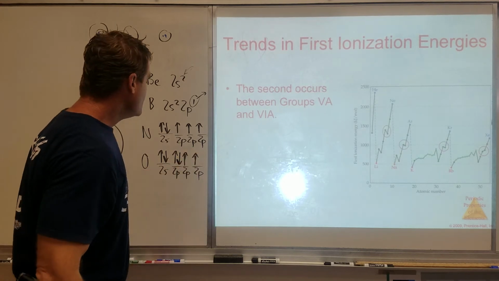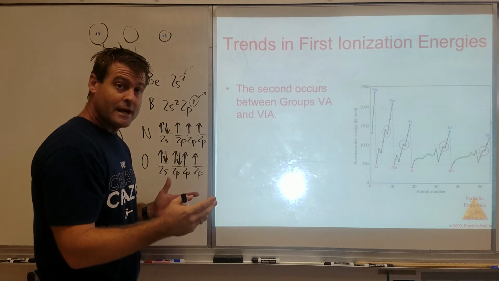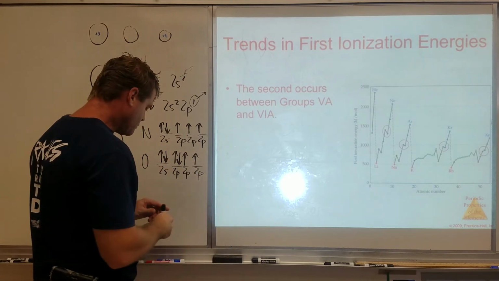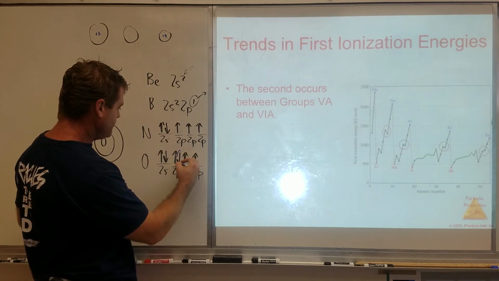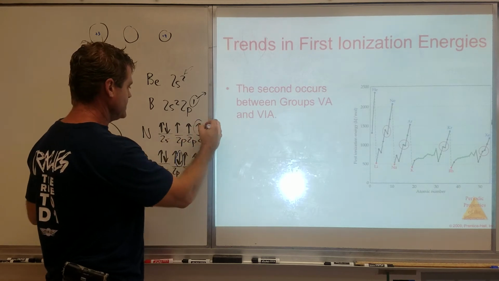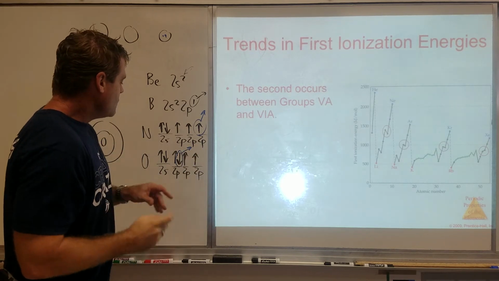So even though oxygen is further to the right, based on the trend we would have expected it to be harder to remove its outermost electron. But in actuality, which one would be removed in oxygen? Wouldn't it be this one right here that's paired up? And which one would be removed in nitrogen? It's going to be one of these. But which one's easier to remove? Wouldn't it be this one?